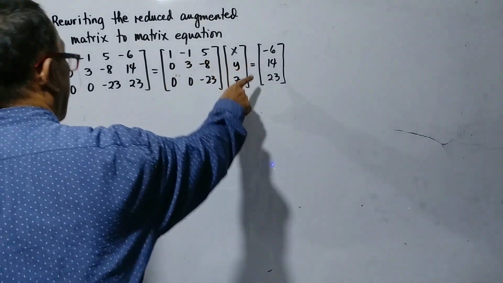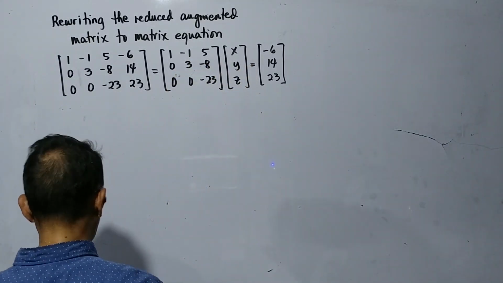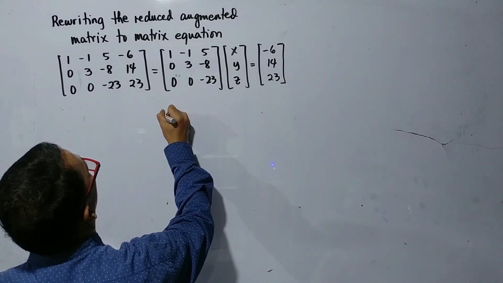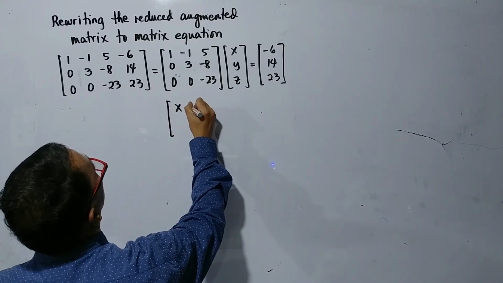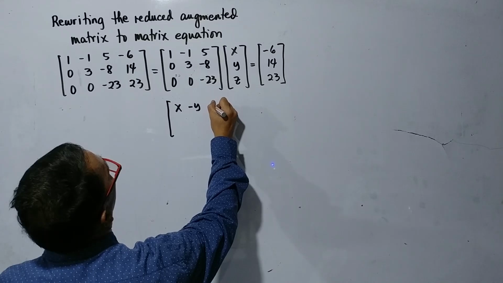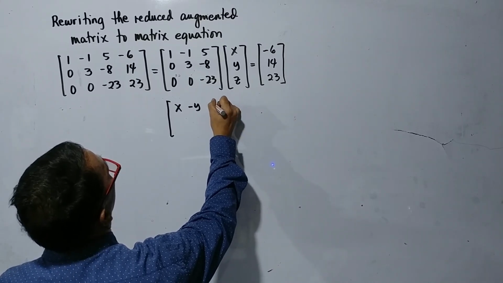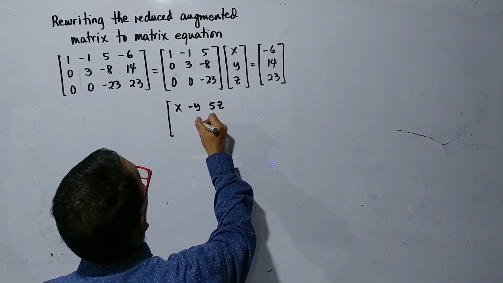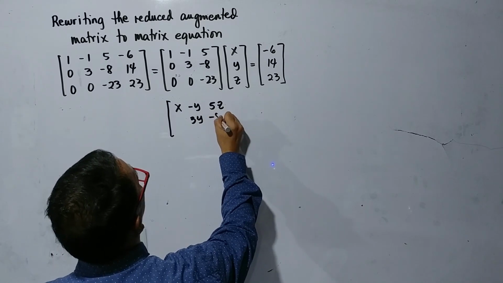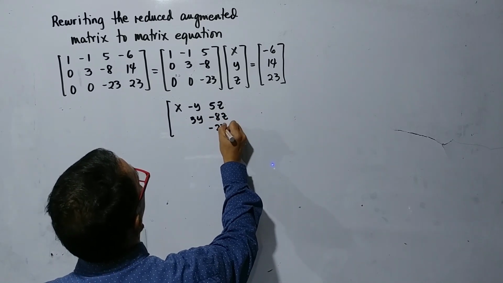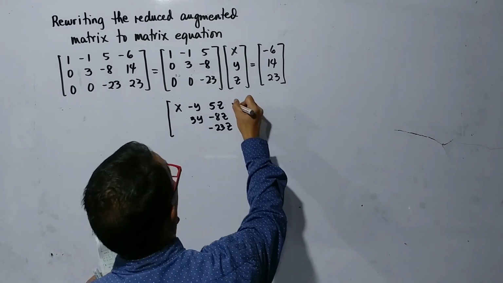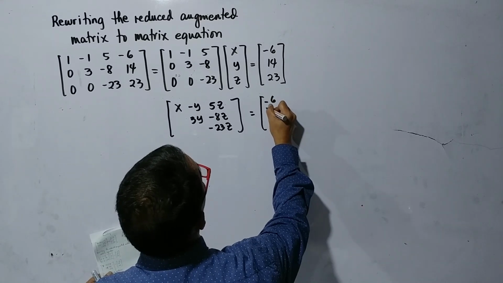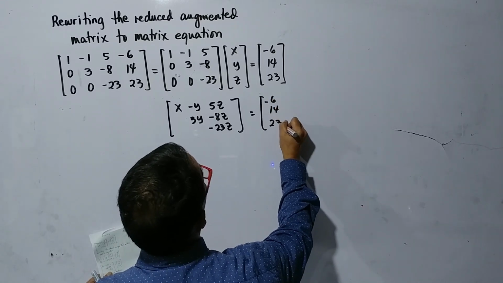So we have now this augmented matrix, or we have x minus y plus 5z, and 3y minus 8z, negative 23z, equals negative 6, 14, 23.